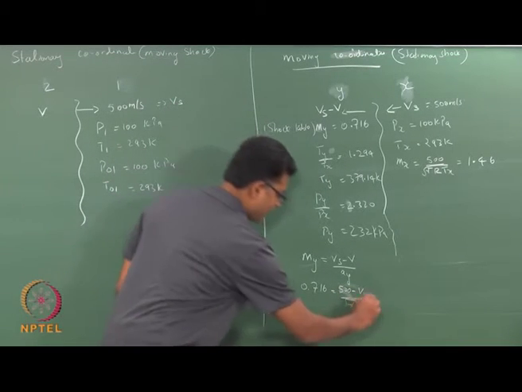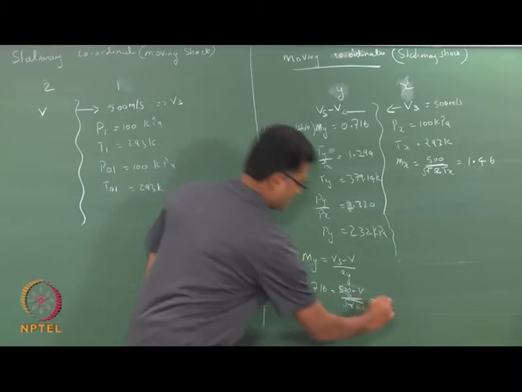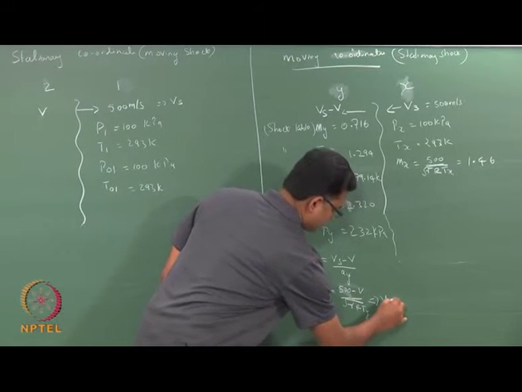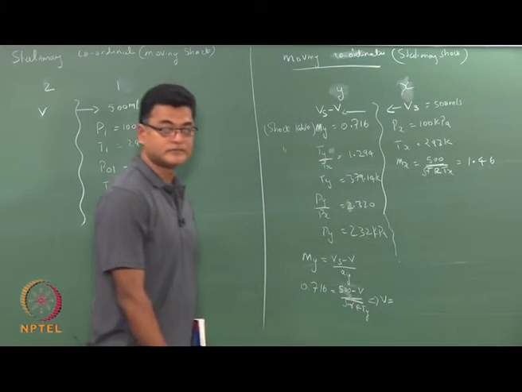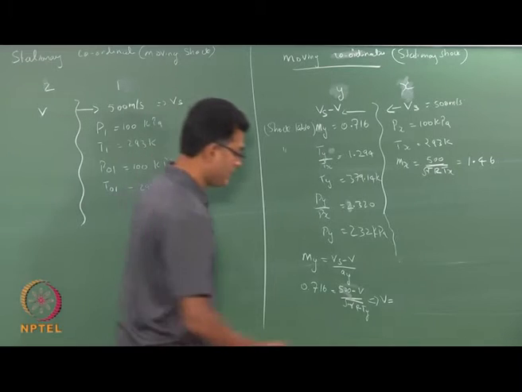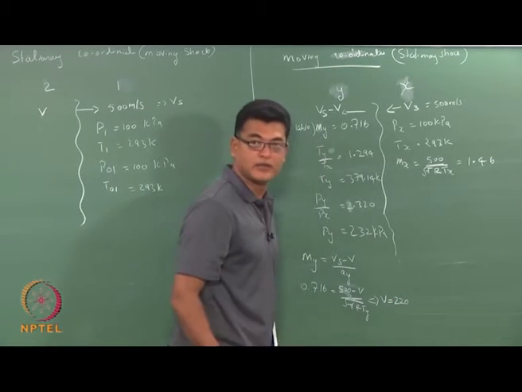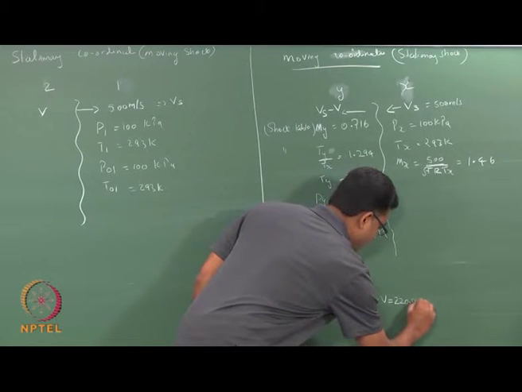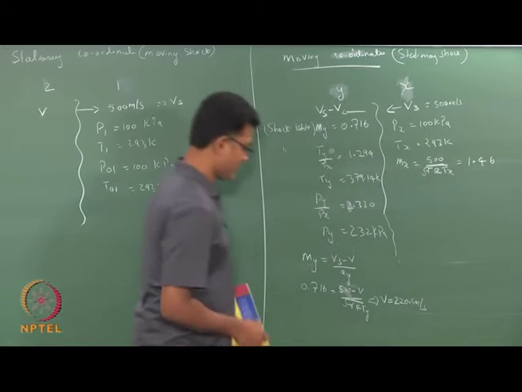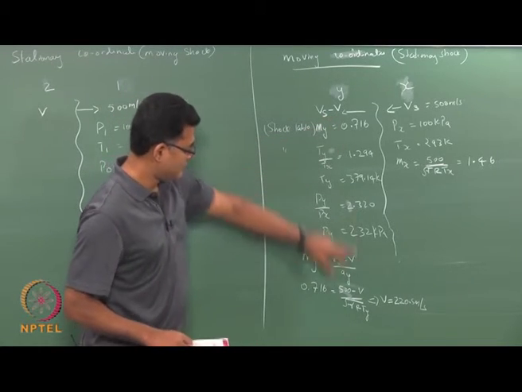From which I can find my V, 220.5 meters per second. Okay. So my V is now 224.